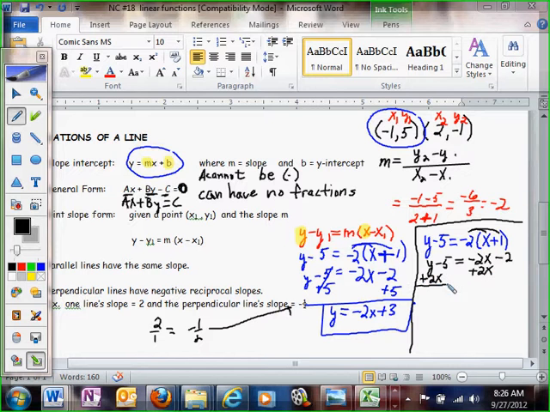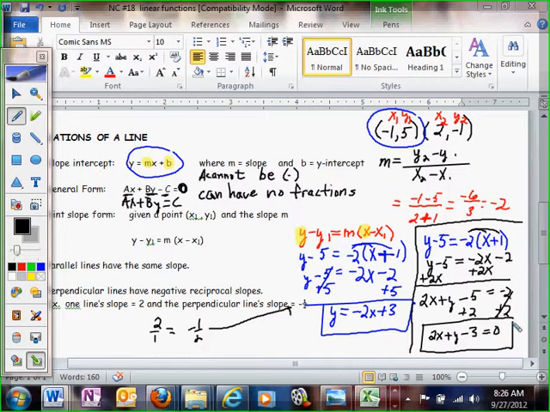If you wanted to do both, you could. So right now I have 2x plus y, because it's positive, minus 5 equals negative 2. Then I add 2 to each side, and I get 2x plus y minus 3 equals 0.